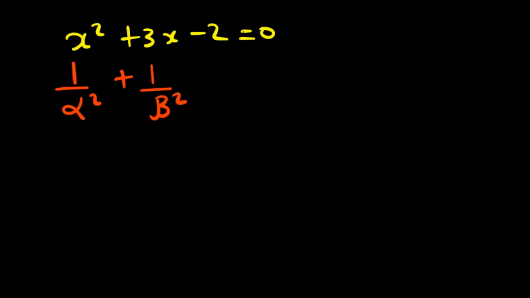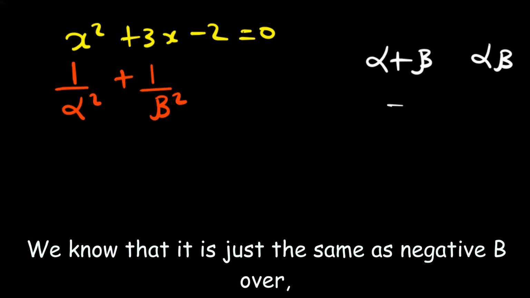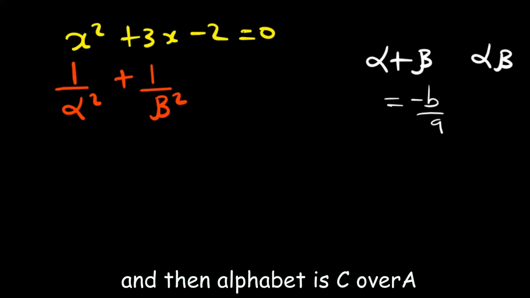Okay, so every time they ask us to find the roots, at least first find what alpha plus beta is and what alpha beta is. Simplify our work. So in this case, alpha plus beta, we know that it is just the same as negative b over a. Then alpha beta, it is c over a.